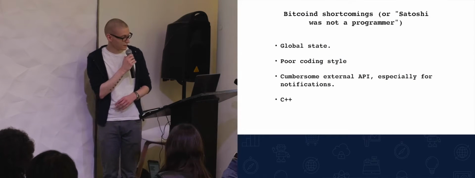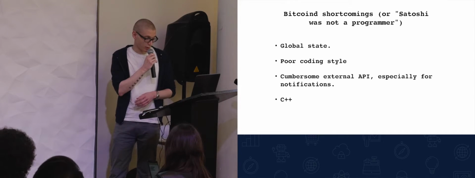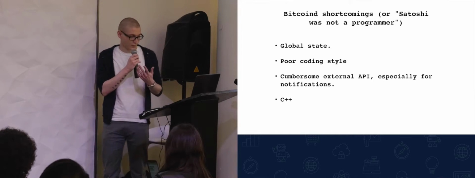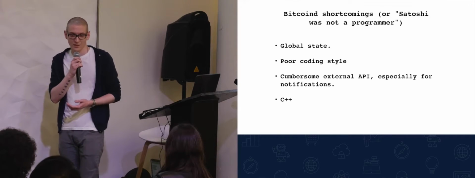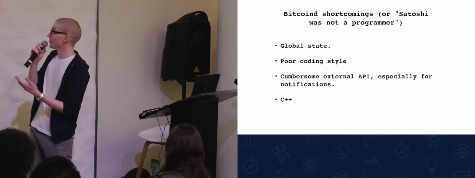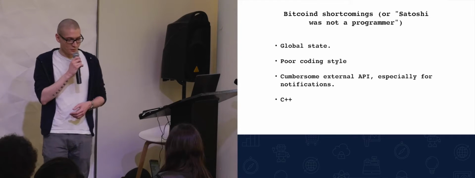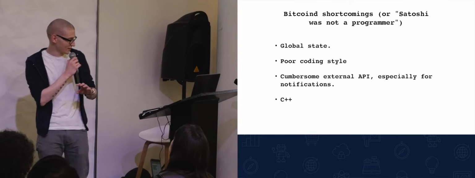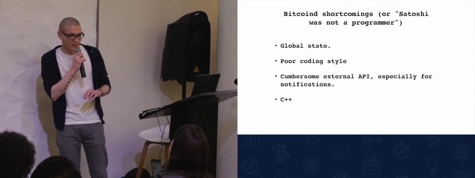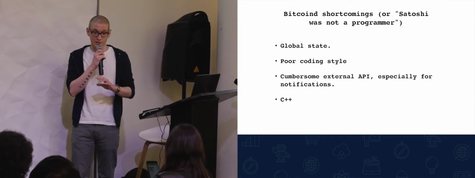So here's basically a list of the Bitcoin D shortcomings. So global state, went over that. Very poor coding style. It's already C++, right? But on top of that, you have extremely weird code, and it's not very readable, and it's especially not readable to beginners who want to try to understand Bitcoin.